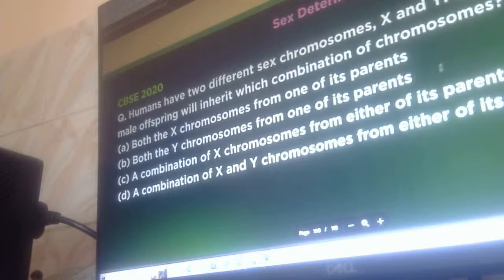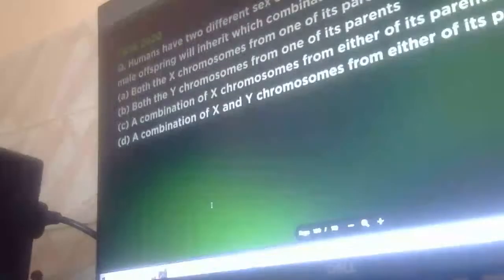Male offspring will get Y chromosome from father. X from mother and Y from father. Yeah, D.